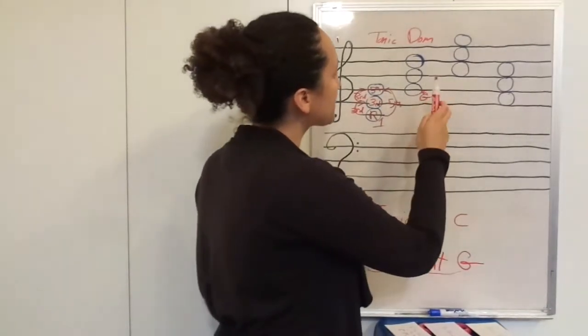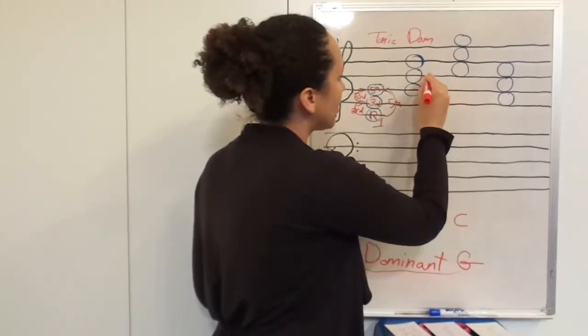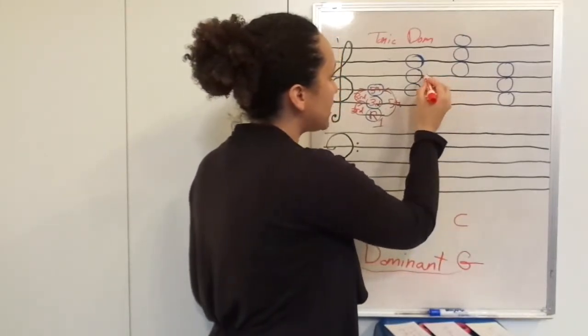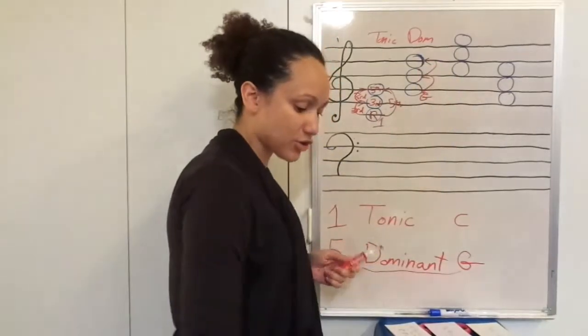Now over here, G skips up to B, skips up to D, and that's what gives us our G chord.